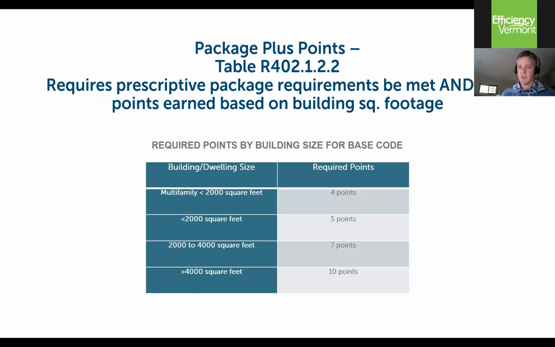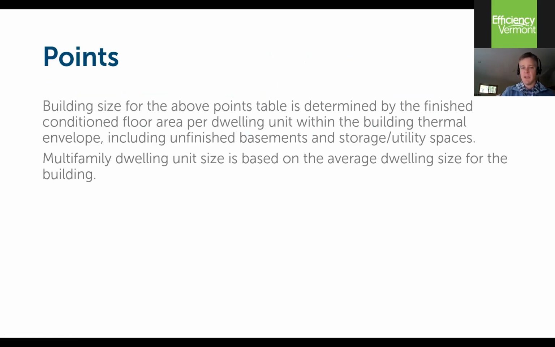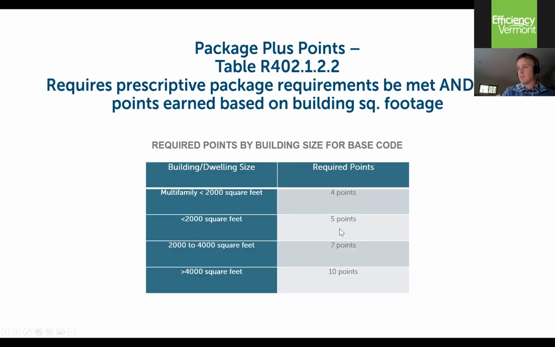So we're going to cover those points requirements here in just a moment, but essentially, if you're building a 2,000 square foot house, you need to meet all of the requirements in whatever package you choose out of those 4 previously shown, and then gain five points through another table, which I'll show you here in just a moment.